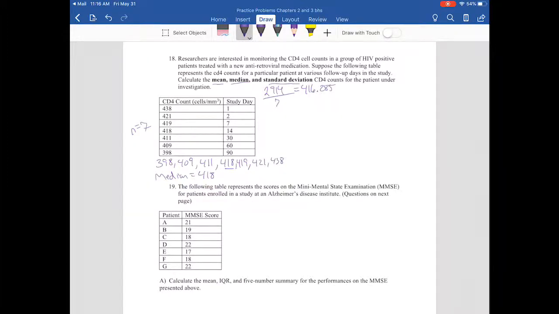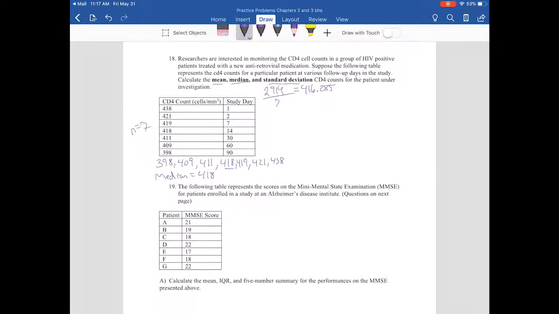Since these are all whole numbers, we want to report at least one decimal out, with the exception here. We don't want to round, because if we round, we're going to get completely different values. The mean isn't our final answer because we're going to be using it for standard deviation, so you don't want to round. Always when in doubt, just don't round.